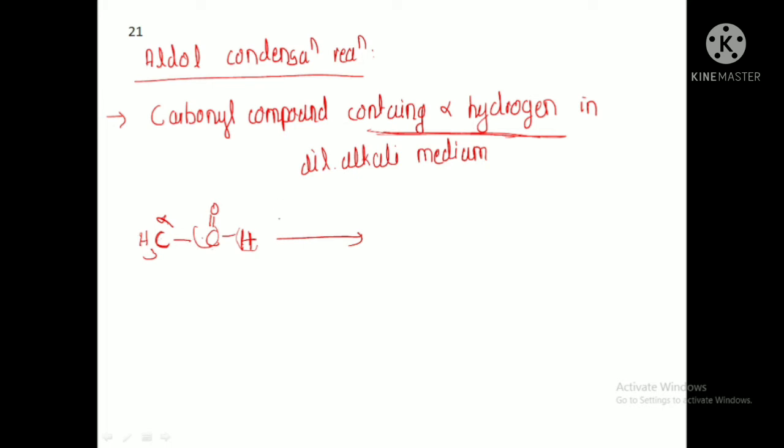When you treat this with dilute NaOH, two molecules of your carbonyl compound containing alpha hydrogen will react. So in total I will get 4 carbon atoms, 2 from each aldehyde.